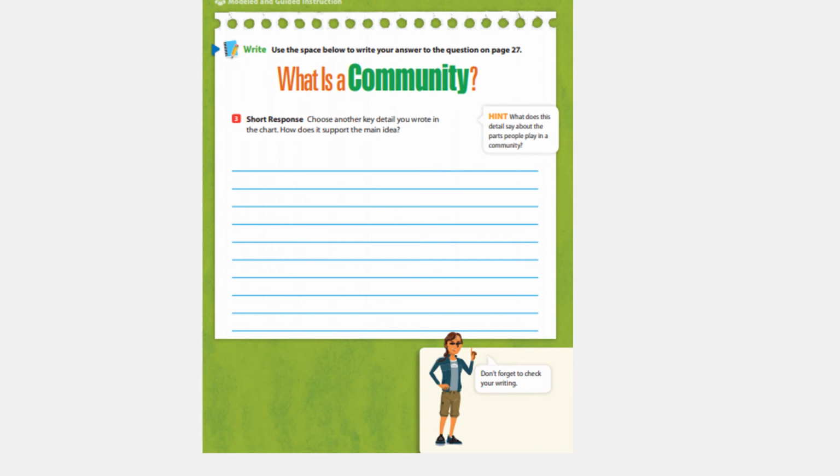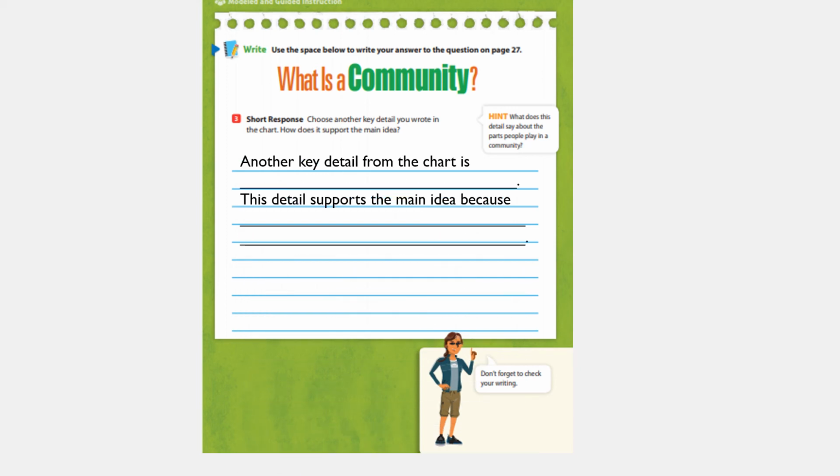So here's what page 30 looks like. It has the title of the story, What is a Community? And it basically restates what the directions were for the short response. Choose another key detail you wrote in the chart. How does it support the main idea? So I gave you some sentence starters here. You can start your first sentence by saying, another key detail from the chart is, and then you need to fill in the blank.